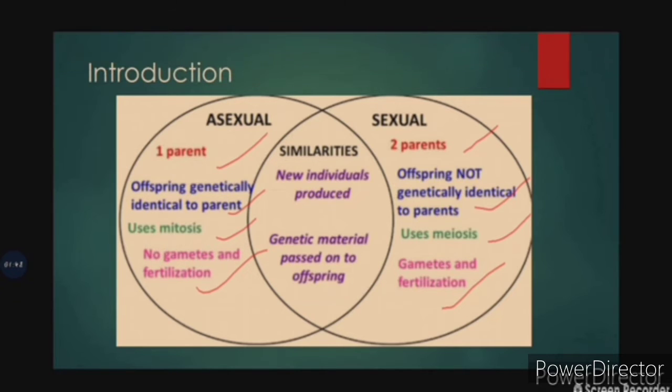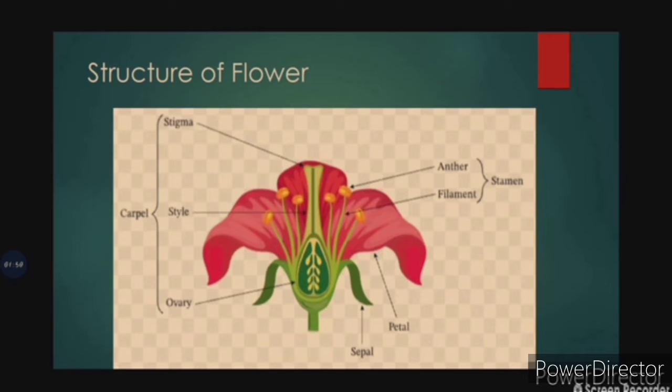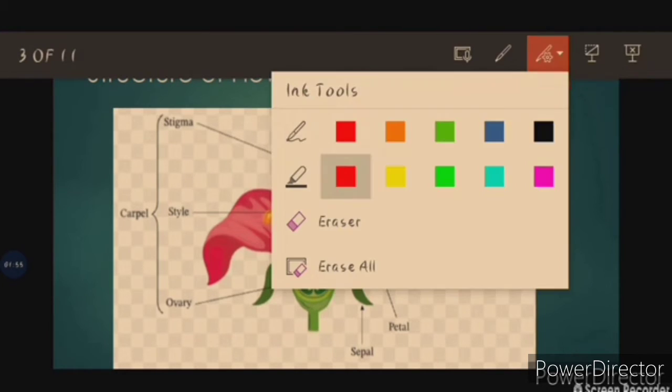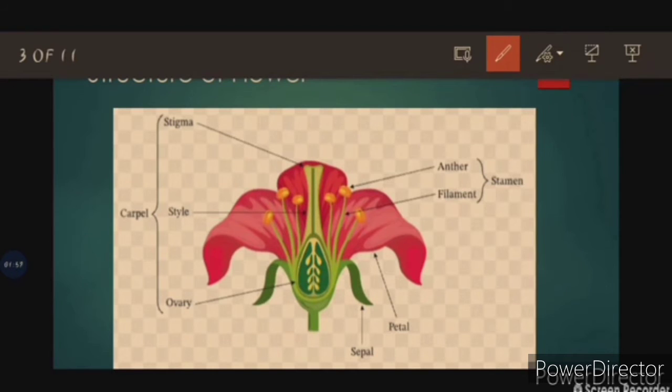Okay, now next is the structure of flower. In the structure of flower, we'll see the male part, the female part, the individual units and all whorls of the flower. A flower contains mainly four whorls: petal, sepal, carpel and stamen.